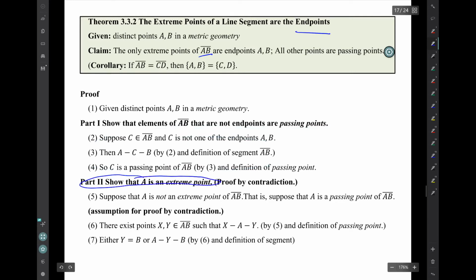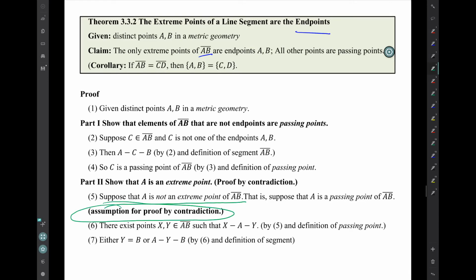We're going to do that by contradiction. We say, suppose A is not an extreme point. That's an assumption for a proof by contradiction. Well, if A is not an extreme point, then what we're really saying is that A is a passing point. So we're going to assume that one of the endpoints is a passing point.